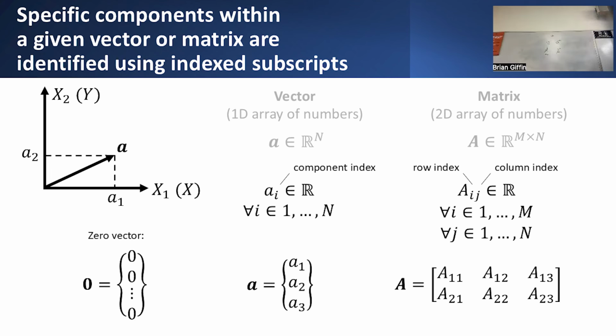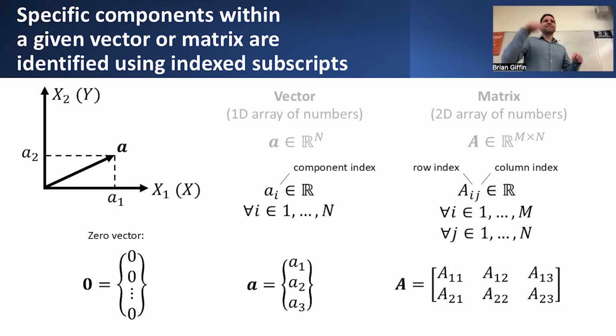Each one of these components I can distinguish by using a subscript index, usually denoted like this. So if I'm trying to identify the second component of this vector, a sub 2, I can say, well, I want to look at a sub 2. What value is a sub 2 in this case, a three-dimensional vector?